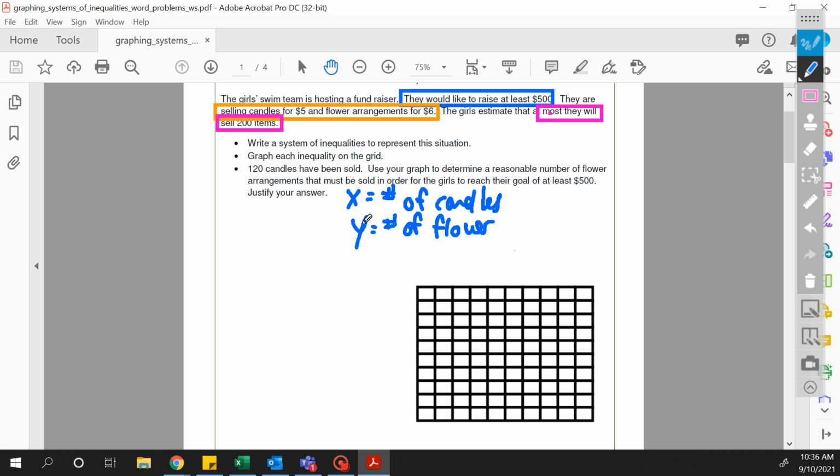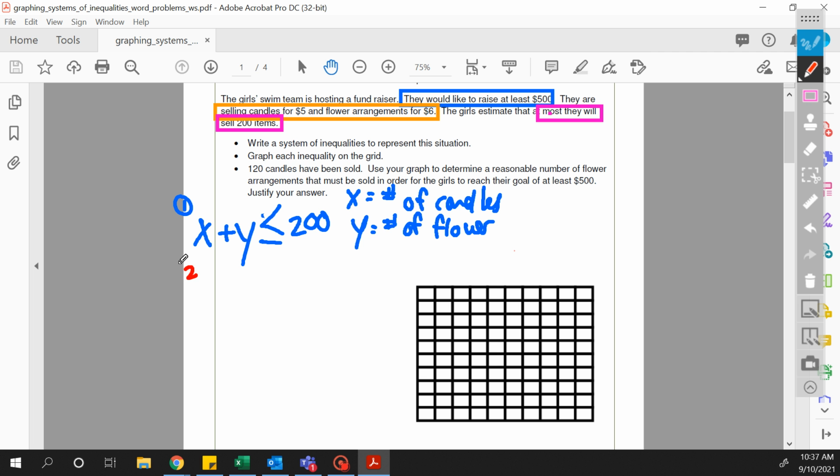So the number of candles plus the number of flowers is going to be at most 200. So that could be less than 200 or equal to 200. So our first inequality is x plus y is less than or equal to 200.